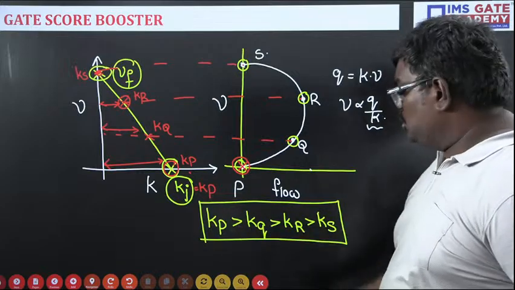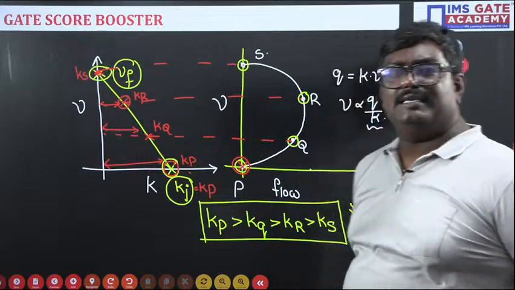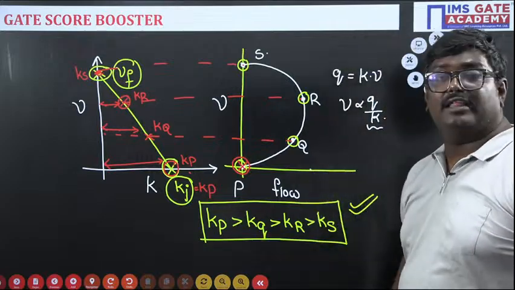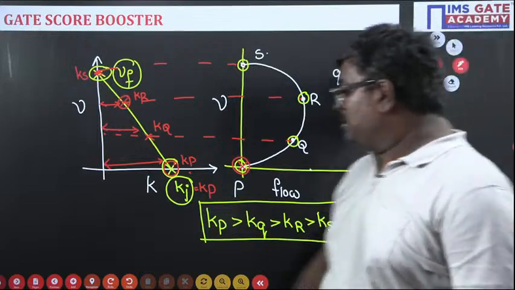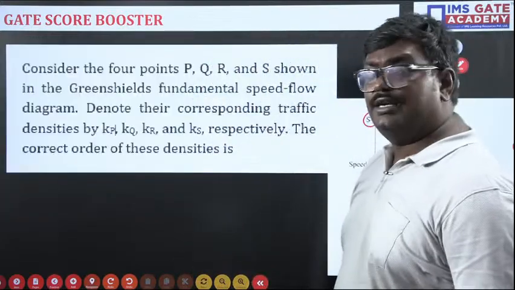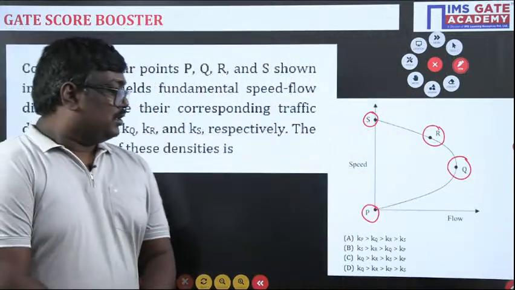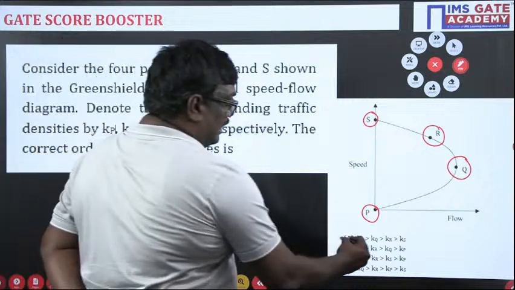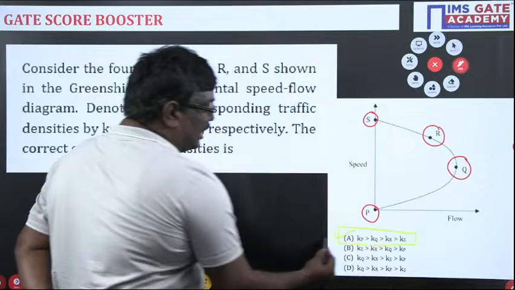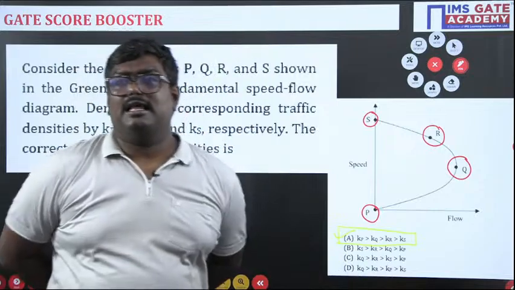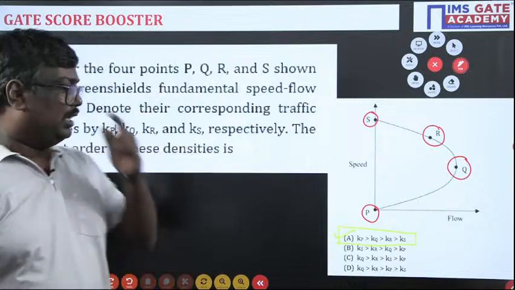So from this, you can say this is the right answer. Traffic density of P is greater than Q, greater than R, greater than S. So what will be the correct answer? Can anyone tell me? Option A is the absolutely right answer, which is Kp greater than Kq greater than Kr greater than Ks. Okay, is it clear, students?